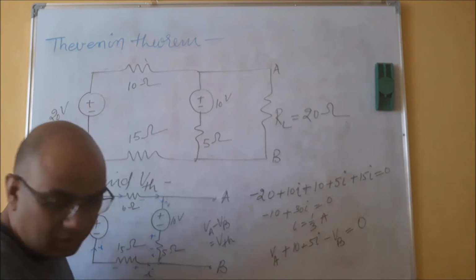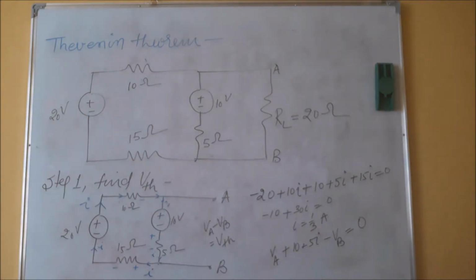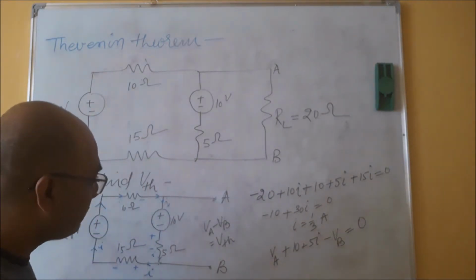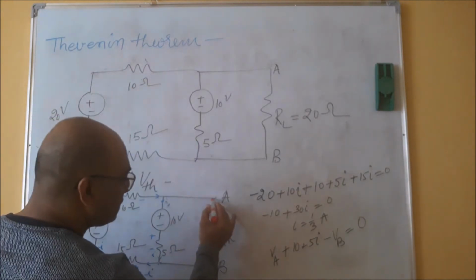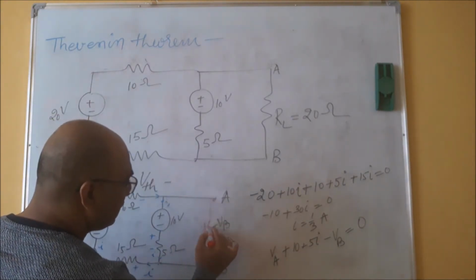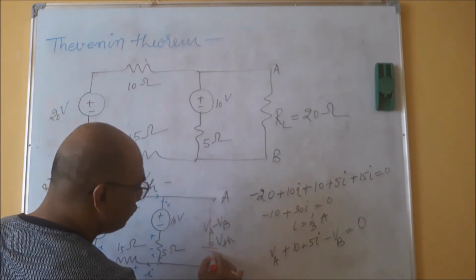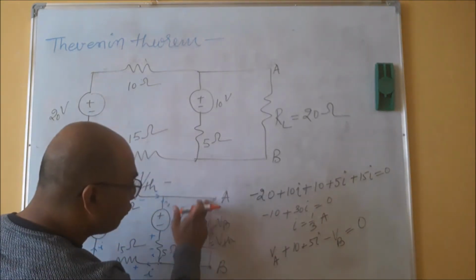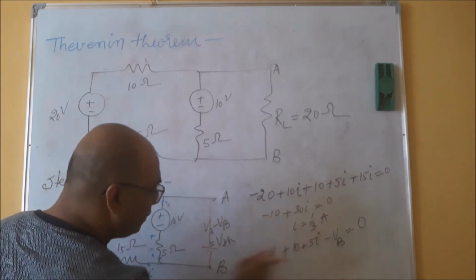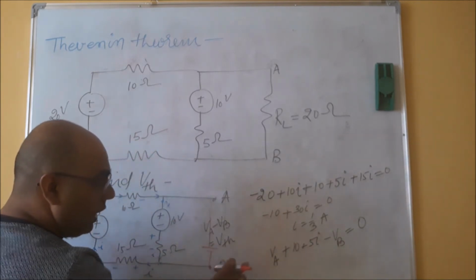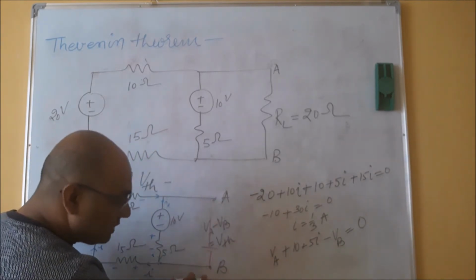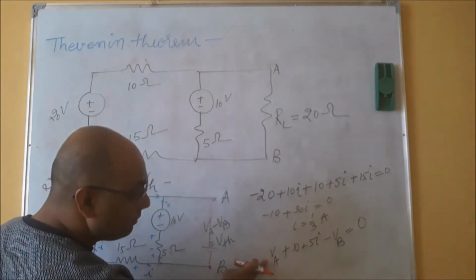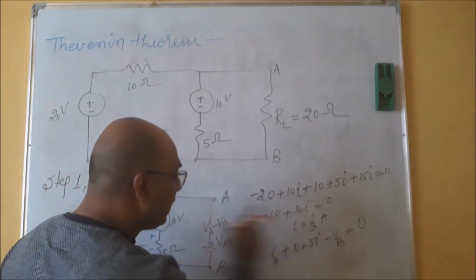Suppose there is one voltage source like this, and the value of this voltage source is VA minus VB or VTH. So I am taking this as a positive point, this as a negative point.